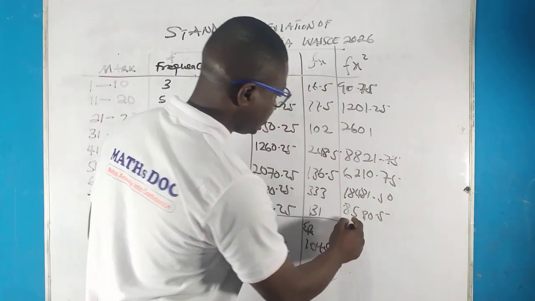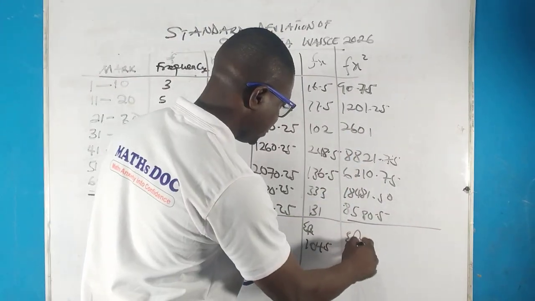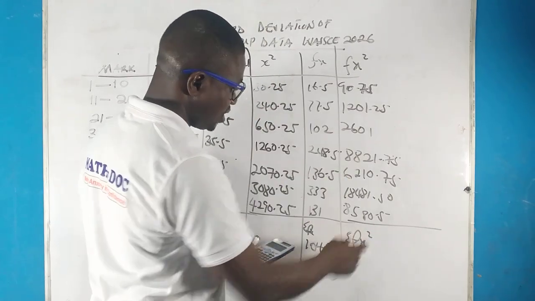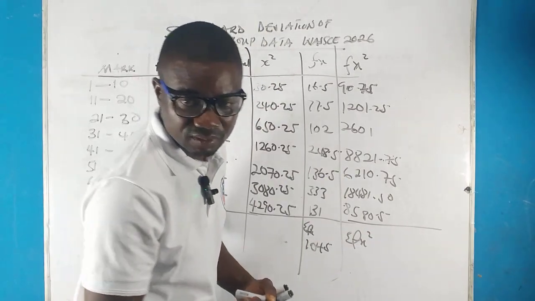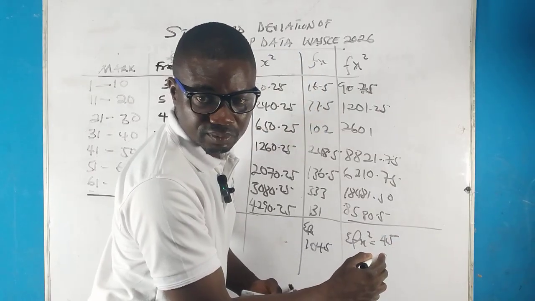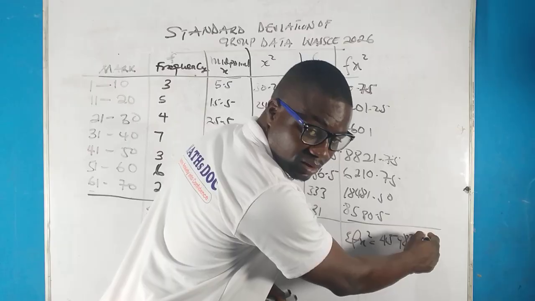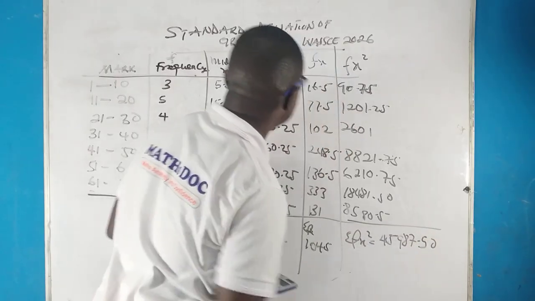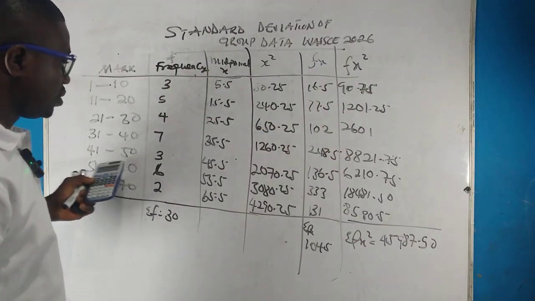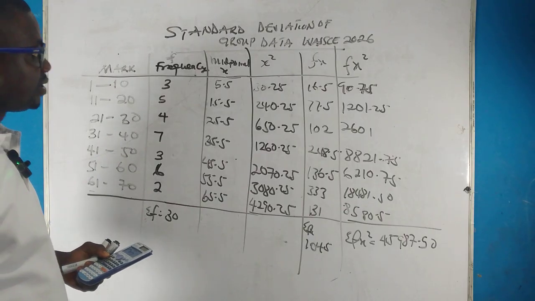So adding everything, the summation fx squared, you are going to get 45987.50. So getting all these values, you can now calculate your mean.